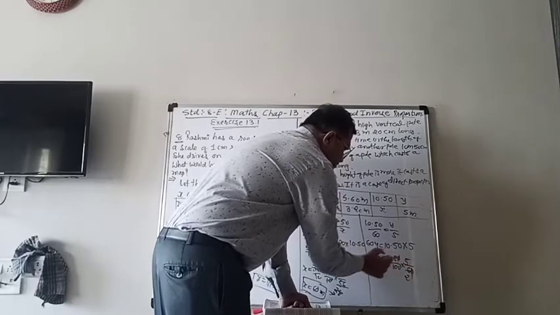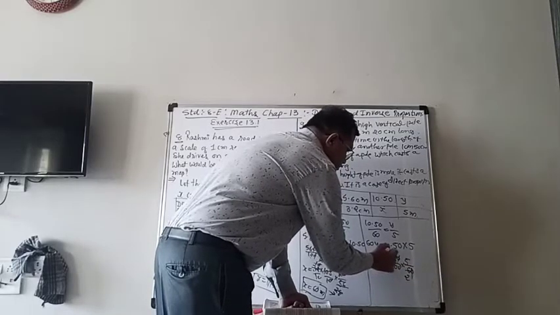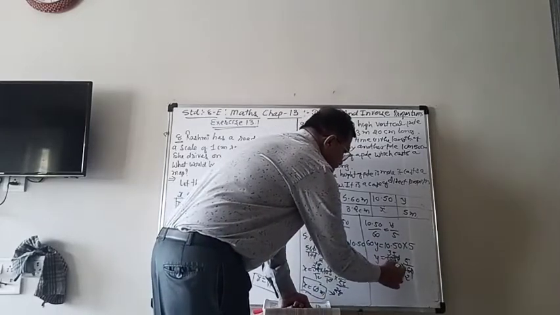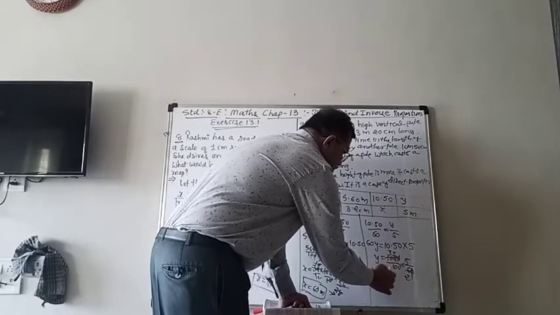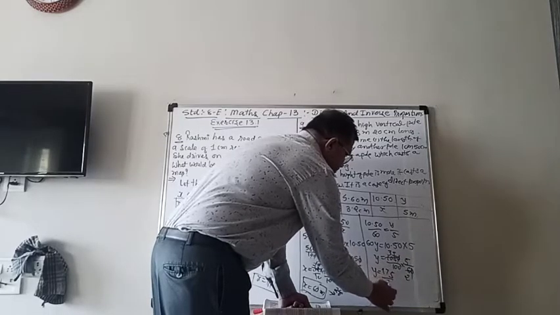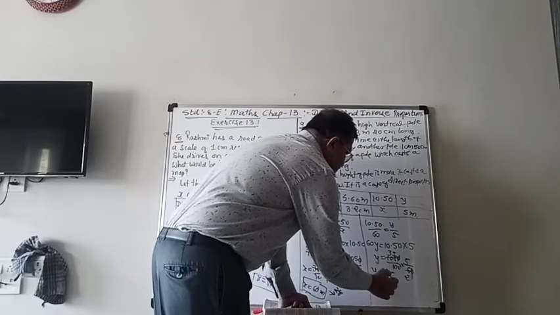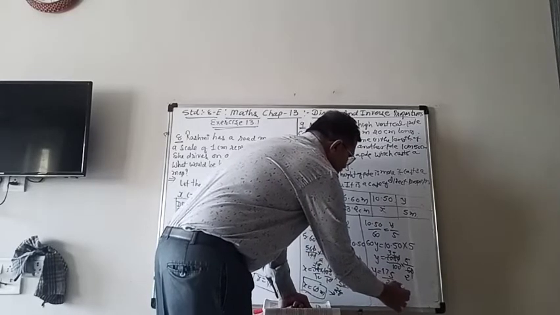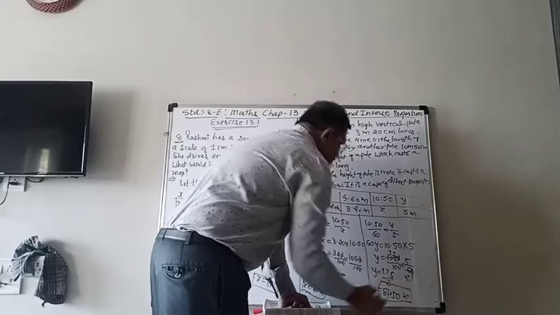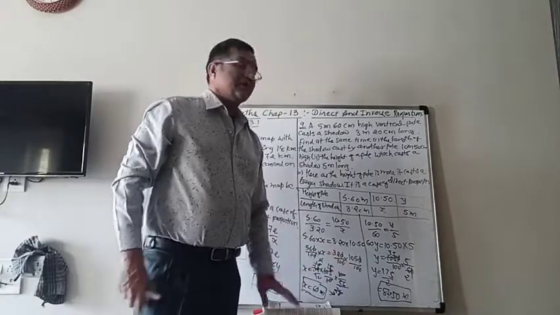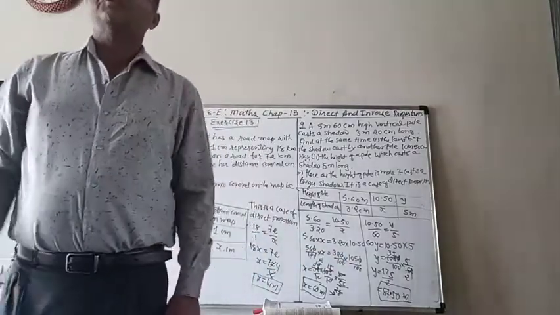Two 3s are 6. 35. So y is equal to 175 divided by 2. 2 8s are 16, 2 7s are 14. So 87.50 meter. So the height will be 87.50 meter.